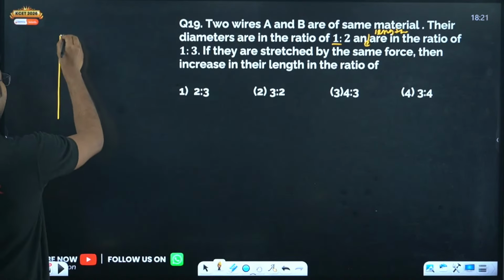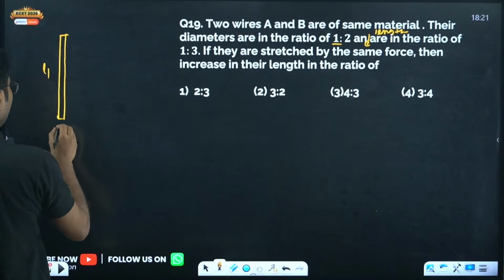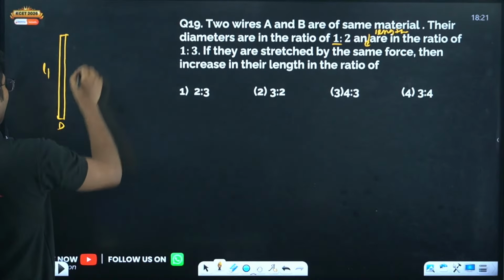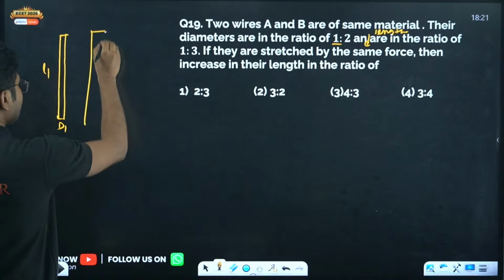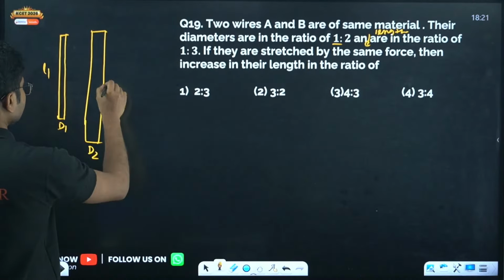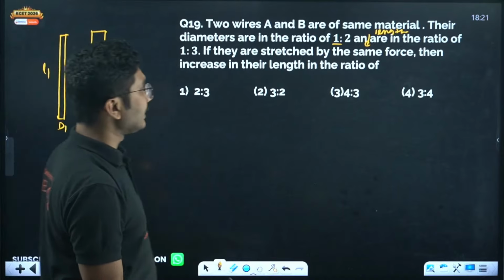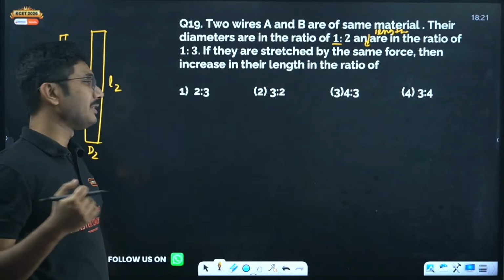So here we have a wire of length L1, diameter D1. Here we have another wire, different length, different diameter. Now it says the increase in their length will be in the ratio.